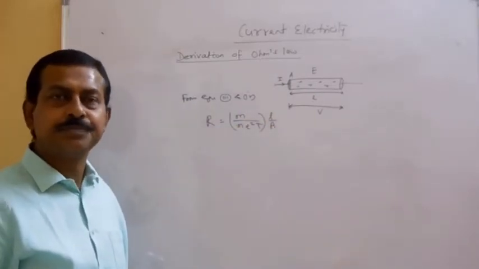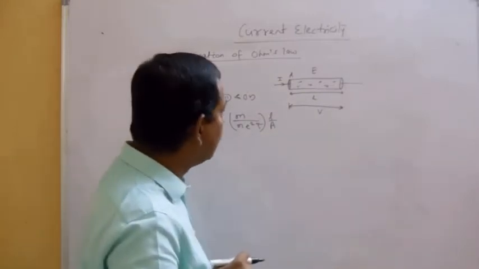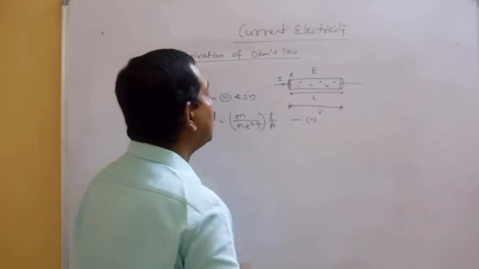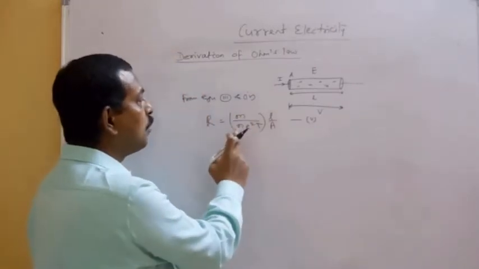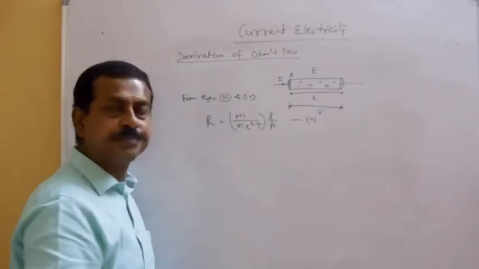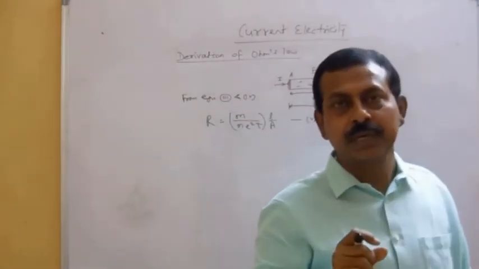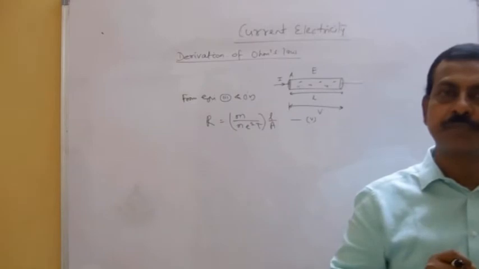This is the expression. Now again, you can see this m/ne² tau is a constant for a given material at a particular temperature.